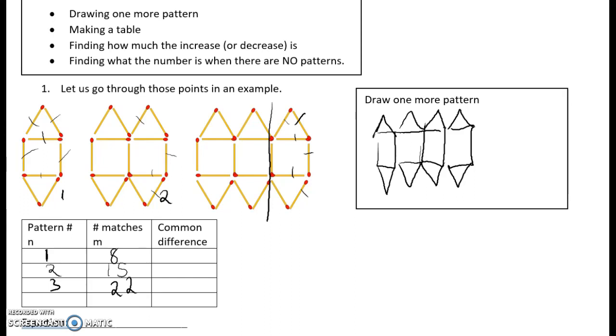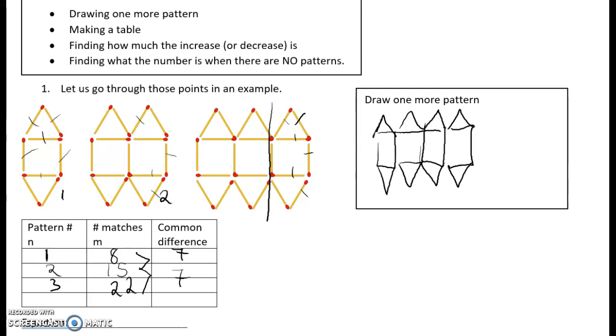Now, what I'm actually going to do now is see what is my common difference. How much am I increasing by each time? To get from 8 to 15, it was 7. From 8 to 15 is 7. And from 15 to 22, it's also 7.